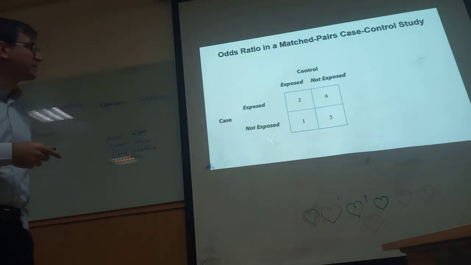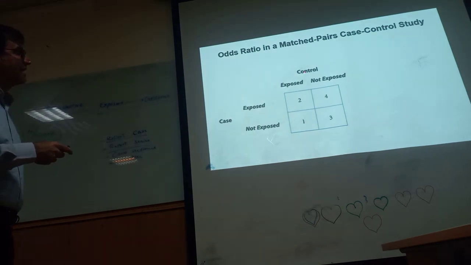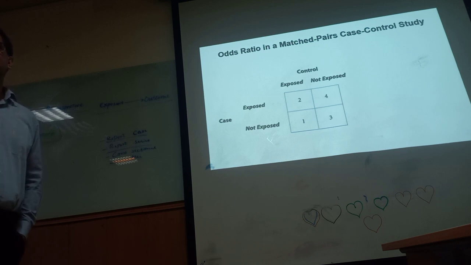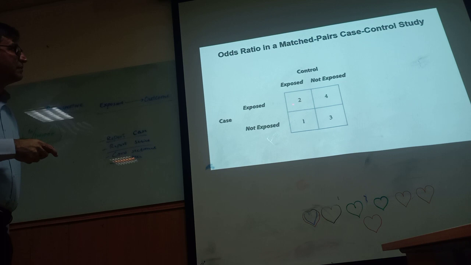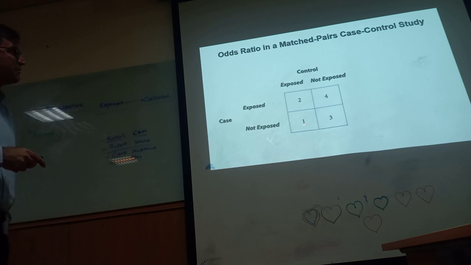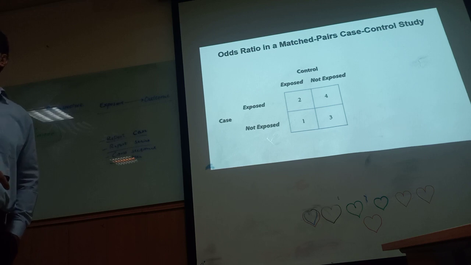In two pairs, both case and control are exposed. In 4 pairs, the case is exposed, but the control is not exposed. There is one pair where the control is exposed, but the case is not exposed. And for 3 pairs, the case is not exposed, and the control is also not exposed.